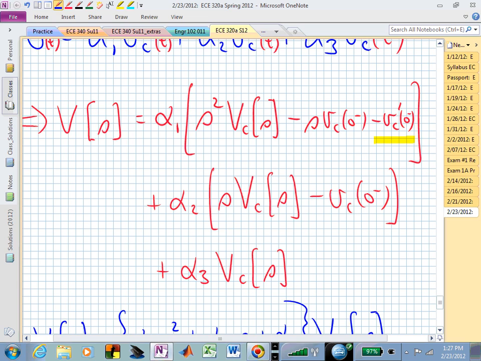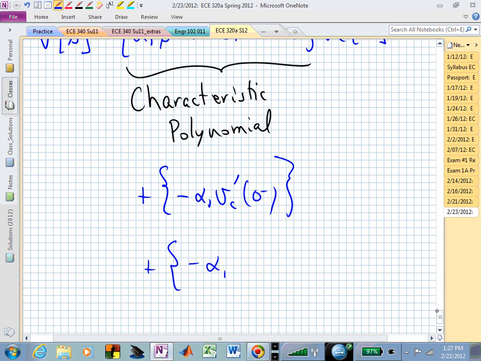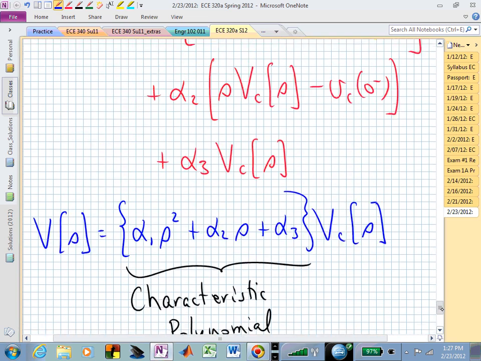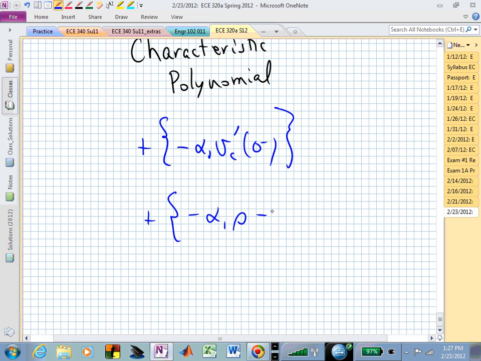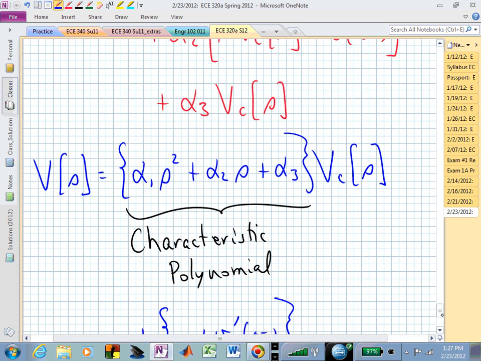I have a minus alpha 1s, and I have a minus alpha sub 2. Is everybody comfortable with what I've done?